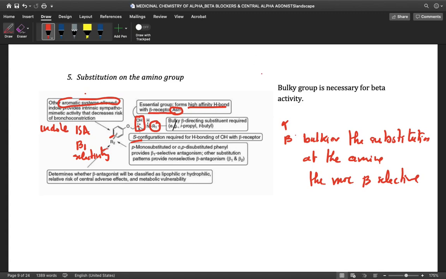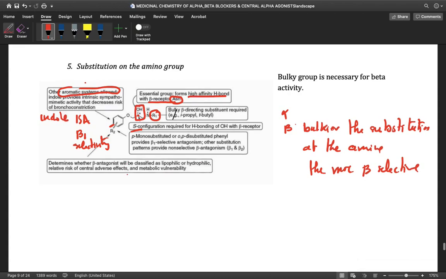And either substitution or the size of the aryl ring here is going to either increase lipophilicity or hydrophilicity of the drugs.